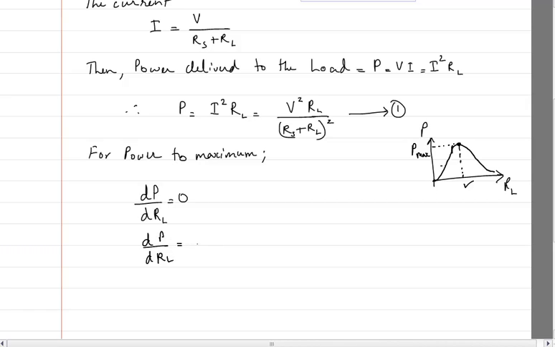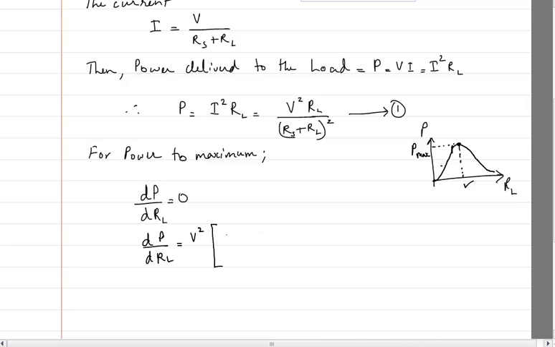Okay, so we all know what the formula is. Let me write the equation so that you all get familiar with it. It is going to be V square. Only RL is the variable term, so V square is constant and I will take it outside. Now I have to differentiate RL divided by RS plus RL whole square. Both numerator and denominator have RL.